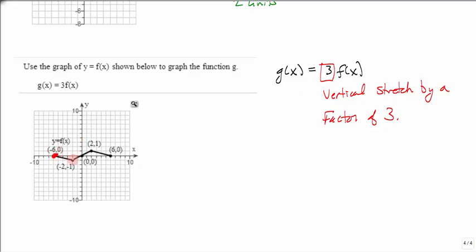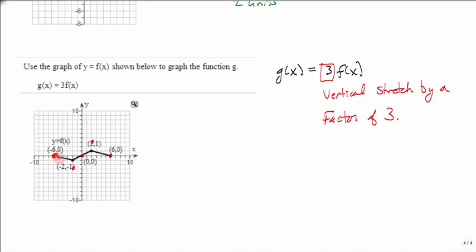Now here, negative 1 times 3 is negative 3, so negative 1, negative 2, negative 3. So multiplied by 3. Here, 0 times 3 is still 0, so that stays. 1 times 3 is 3.